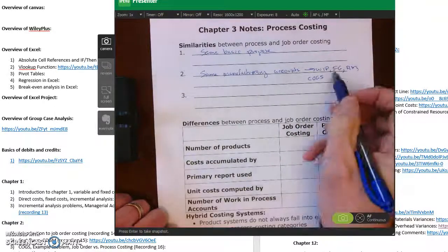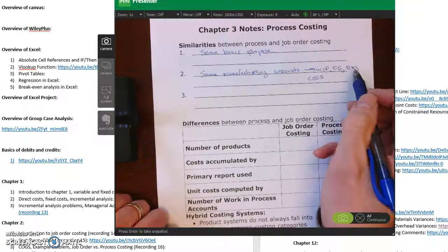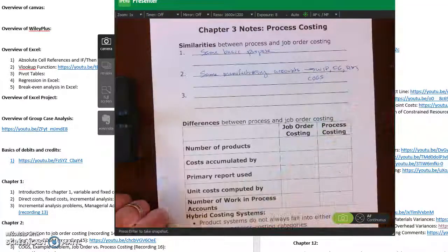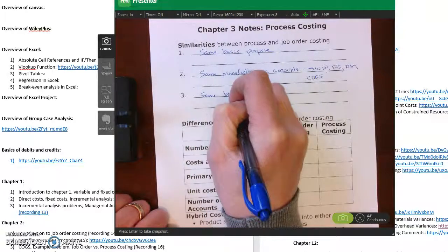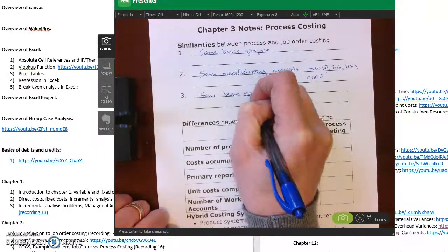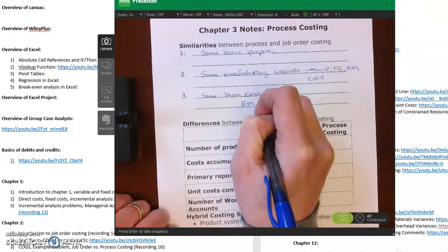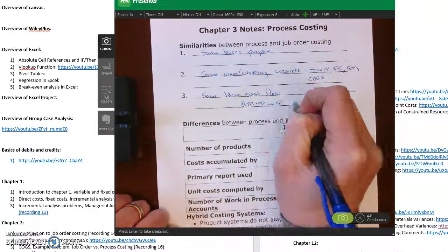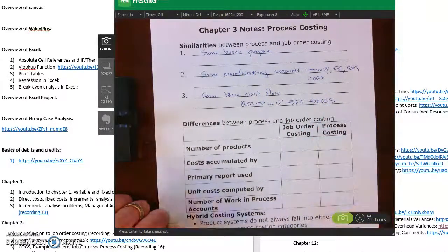And then we can say it's the same basic cost flow. Remember, the cost moves from raw materials to work in process to finished goods, and then when we sell them, it moves to cost of goods sold.